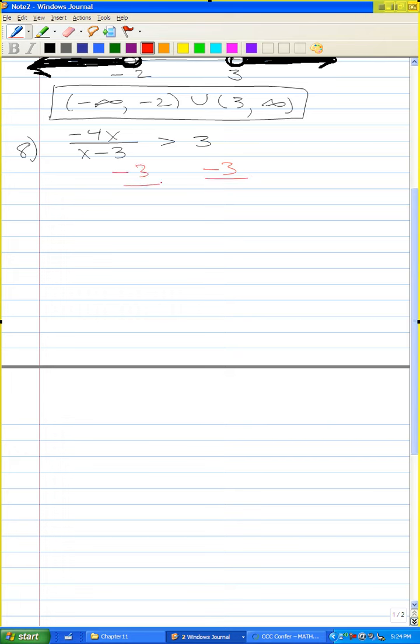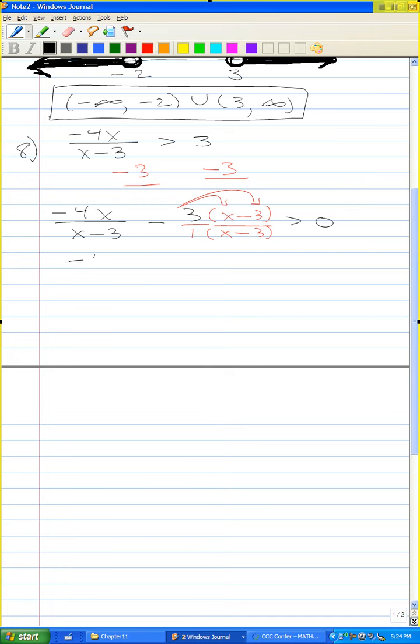And so I have negative 4x over x minus 3 minus 3 is greater than 0. The only way to combine these is to get a common denominator. So let's multiply and divide by x minus 3. The common denominator is x minus 3. Let's multiply the negative 3 inside the parentheses.